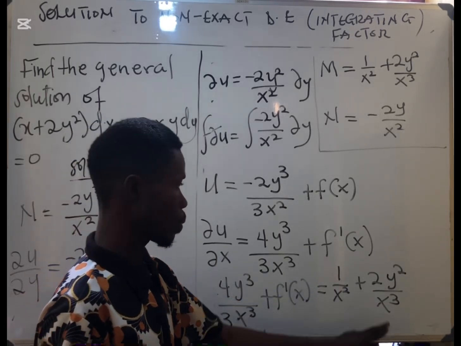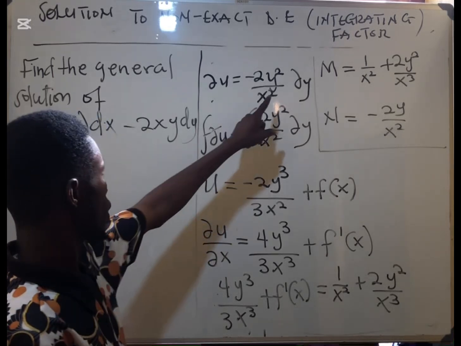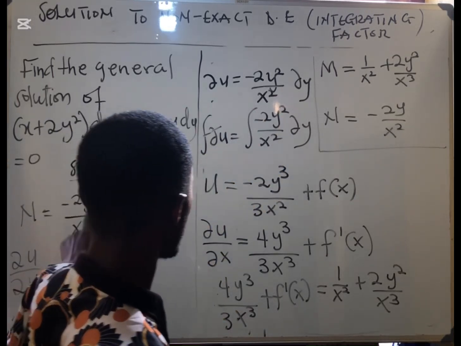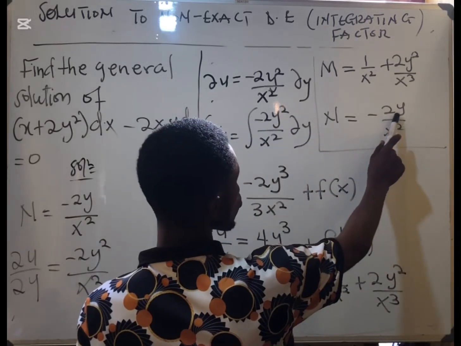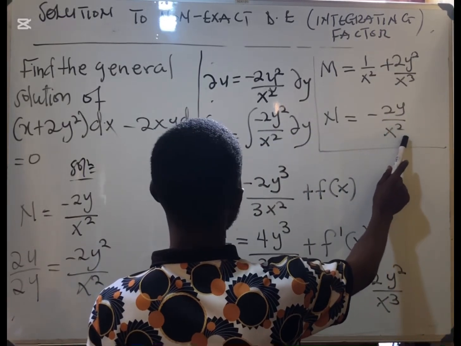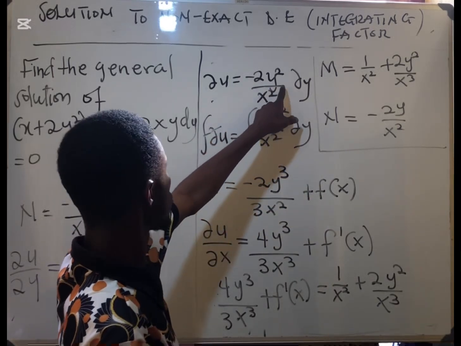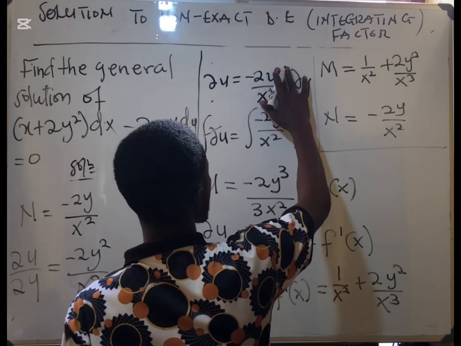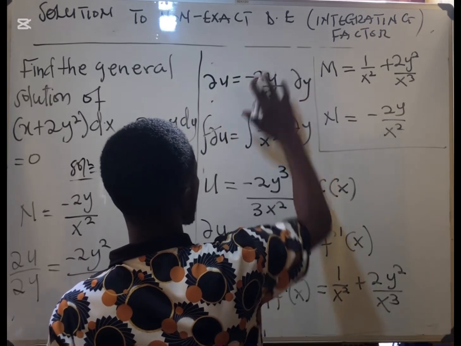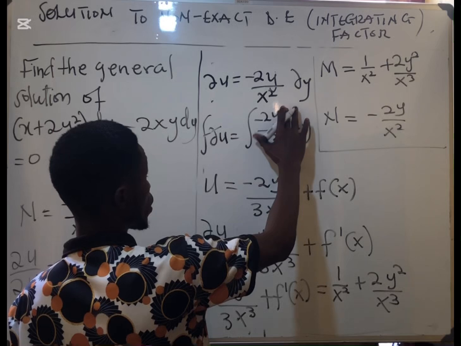Is that okay? Alright, so now I think there is a problem here, so let's clarify that. N is equal to negative 2y over x squared, but here I wrote negative 2y squared. So this side is supposed to be just y.